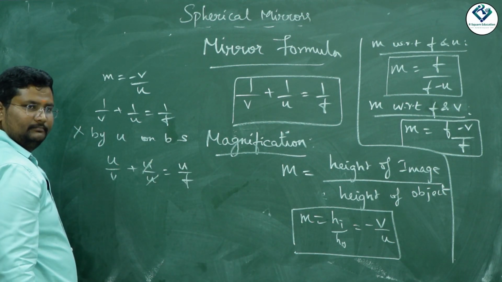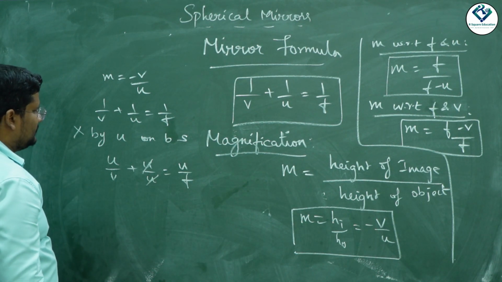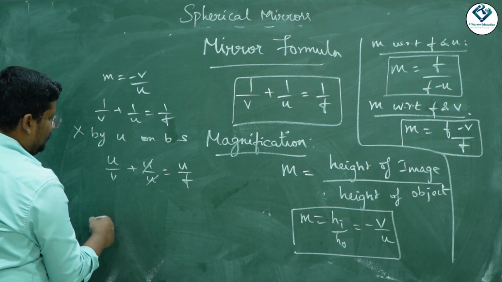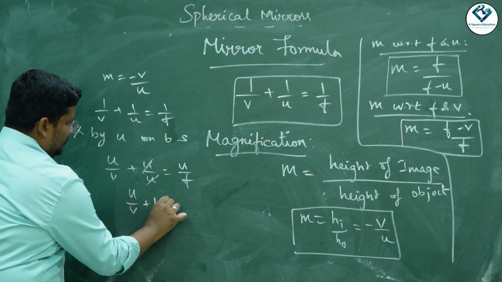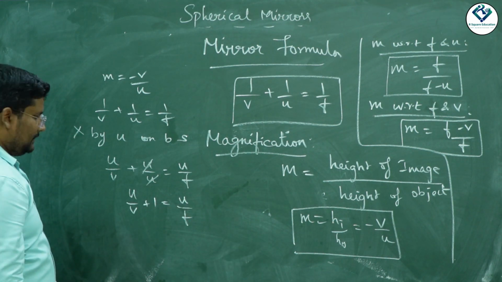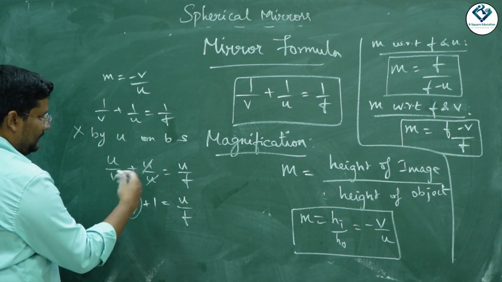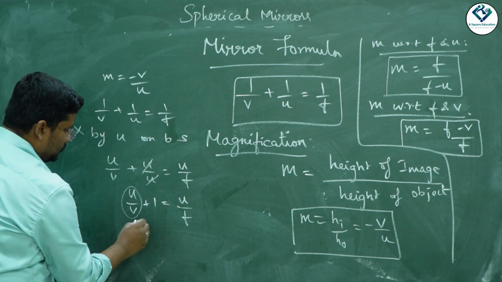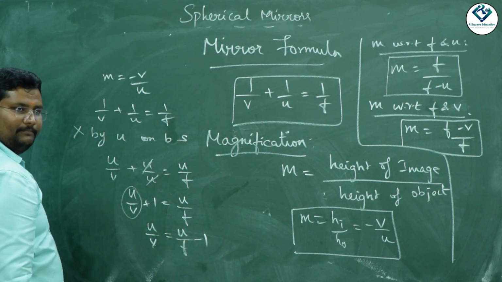u by u cancels, right? So what you will have in this case? You will have u by v plus 1 is equal to u by f. Correct? u by v is equal to u by f minus 1.